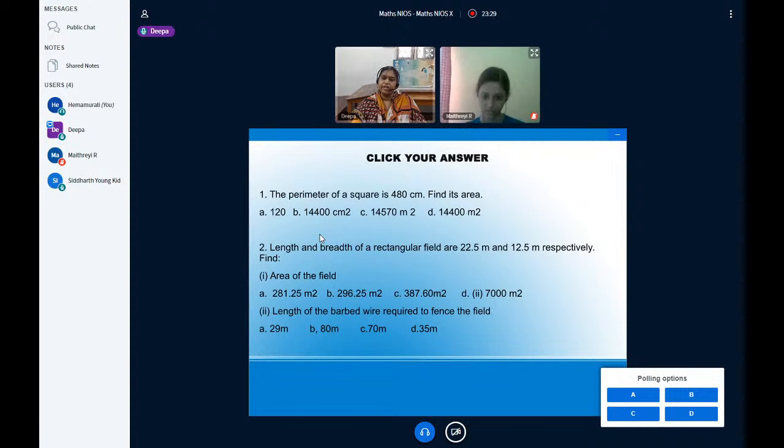Perimeter of the square is 480 means 4s is equal to 480. Any doubts? Ask me. Do it fast.